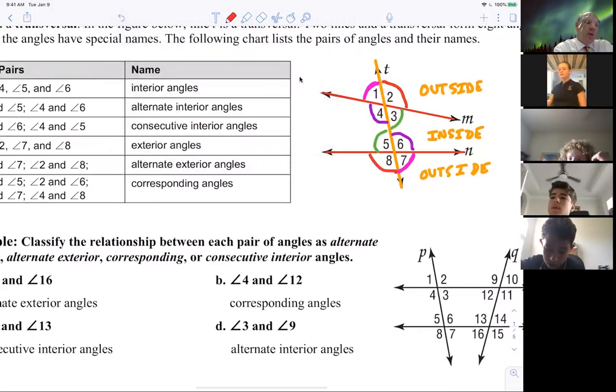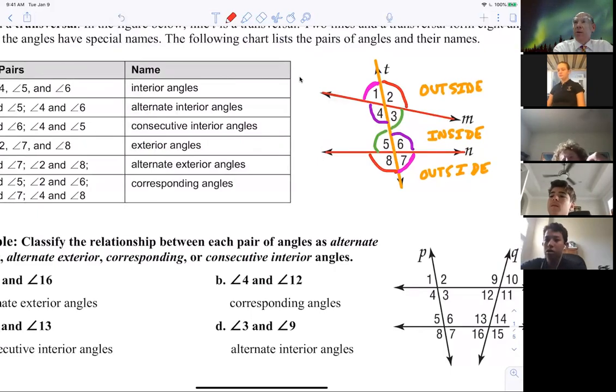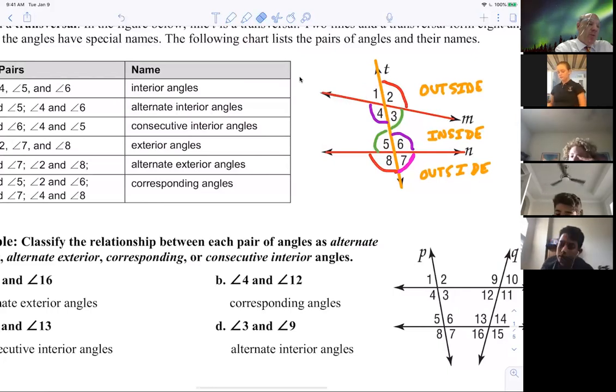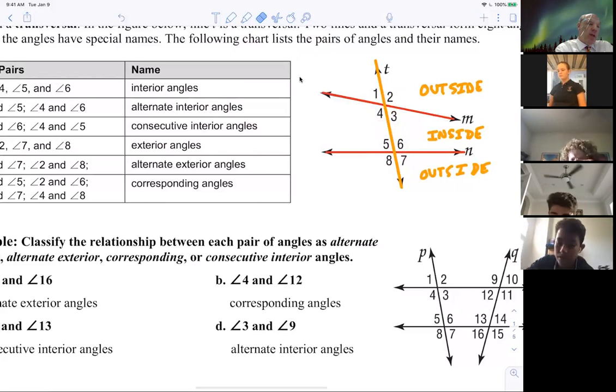That is also a what? That is also an alternate exterior angle. Everybody good with that? I mean, to me, it just makes logical sense here.